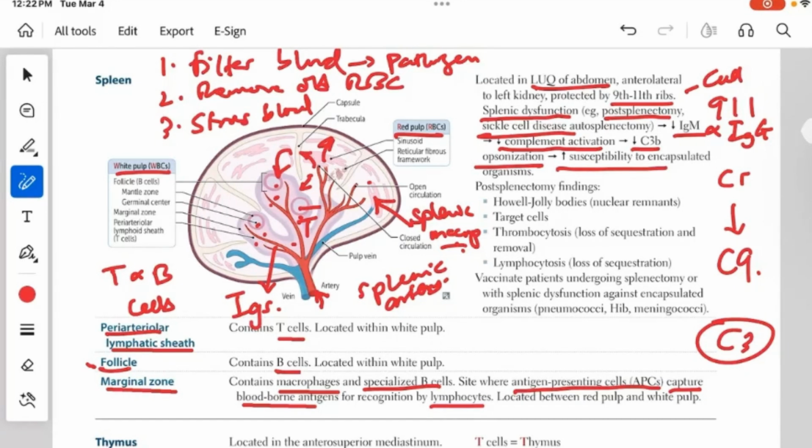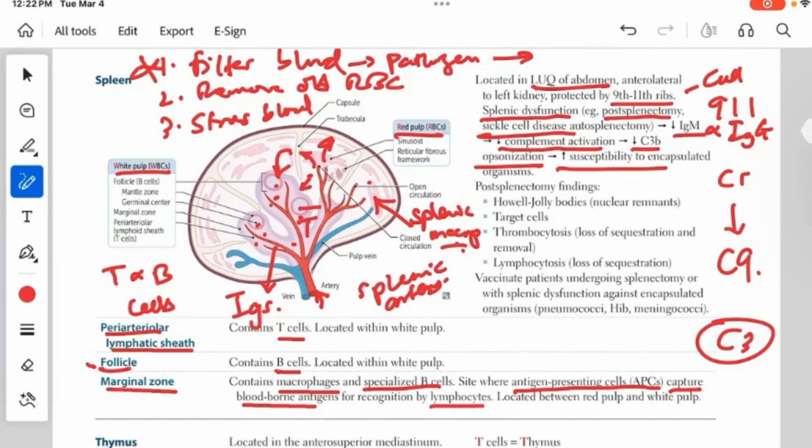So it's very important for you to understand the most important function of the spleen that I'm talking about here: systemic clearance of blood-borne pathogens. That's the most important function of the spleen, right? And how does it do it?